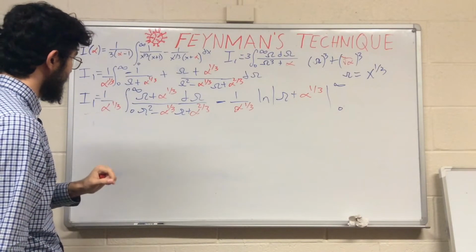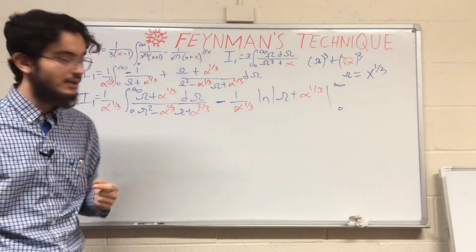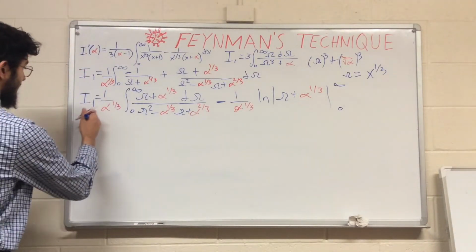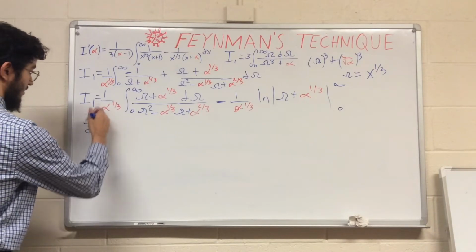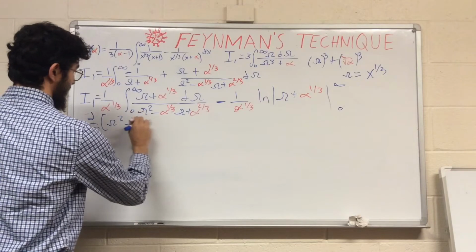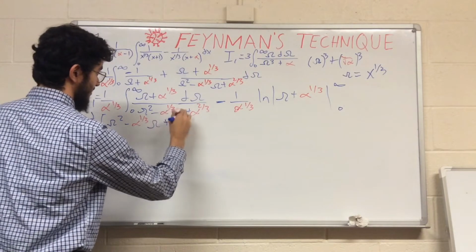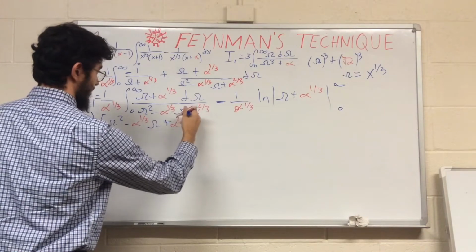So in that case, we're going to take advantage of the bottom and its derivative. So we're going to take the derivative d over d omega of the denominator, which is omega squared minus alpha to the 1/3 times omega plus alpha to the 2/3.